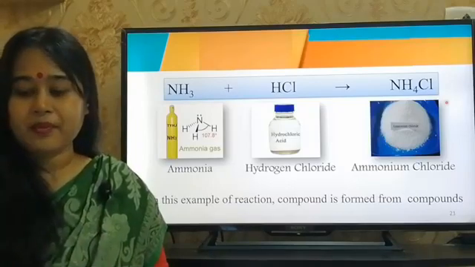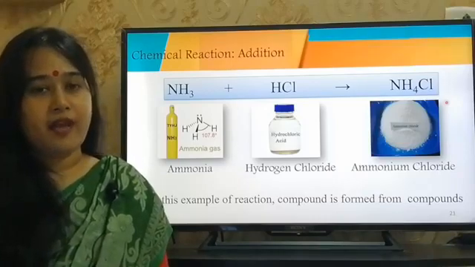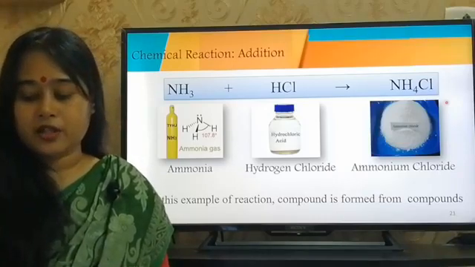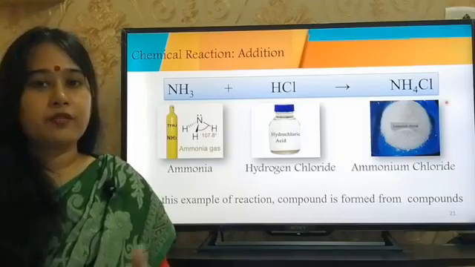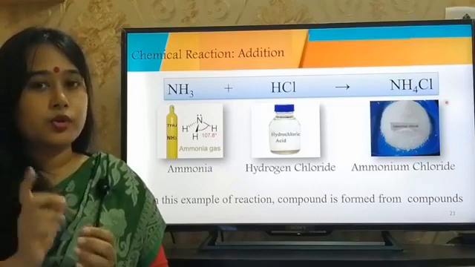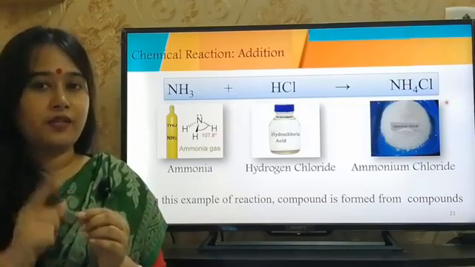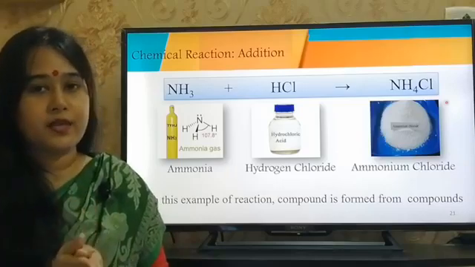Okay. So this is the example of an addition reaction. And whenever element and element are combining, this is also an addition reaction, but it has a specific name, that is synthesis reaction.